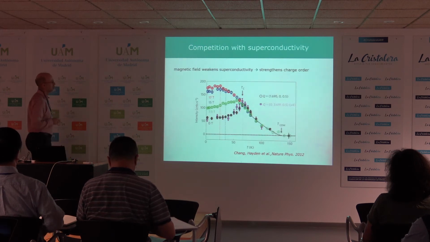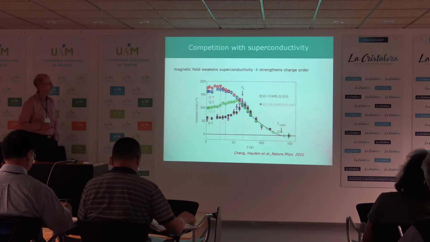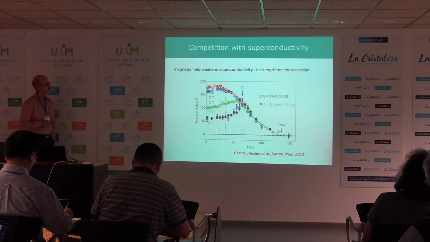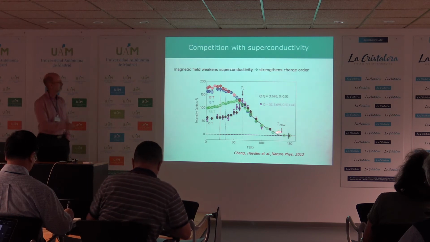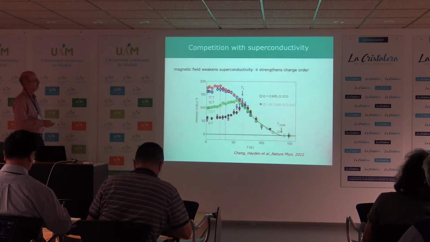Here's another evidence of competition with superconductivity that was first pointed out by Chang and Hayden and their collaborators. They studied the charge density wave intensity as a function of magnetic field.